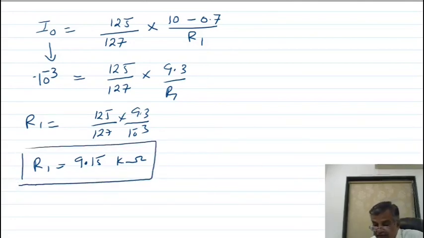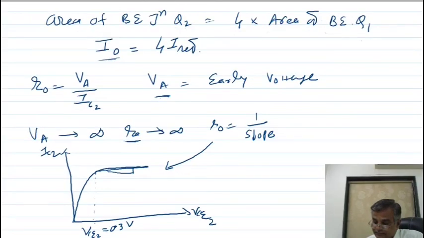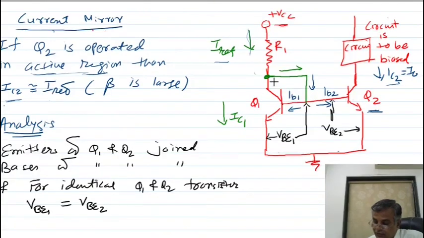So if you connect this much value of R1 here, how much do you connect? 9.15 kilo ohm. And this transistor you have to take such that its beta is 125, VCC is 10 volt, and cut-in voltage 0.7 for both.